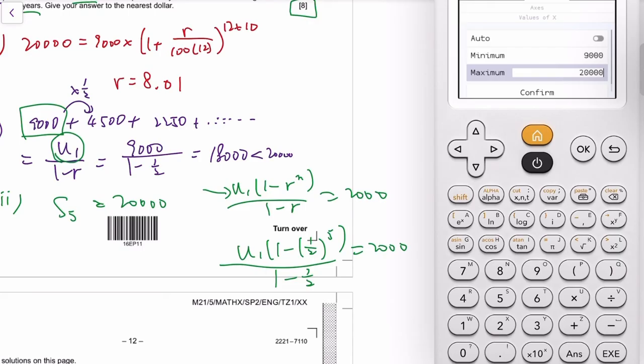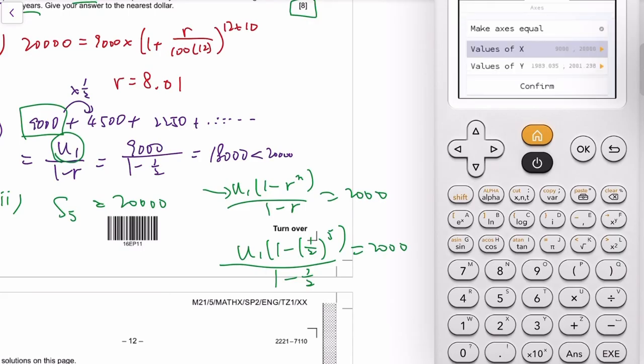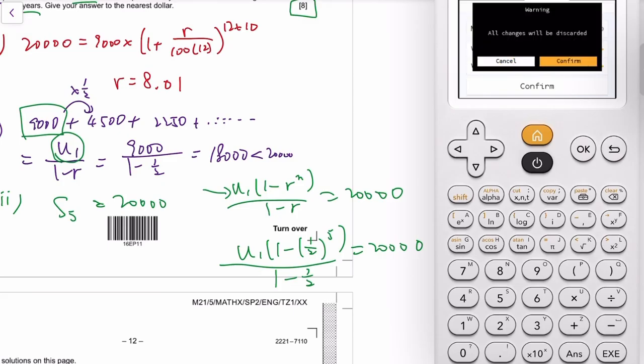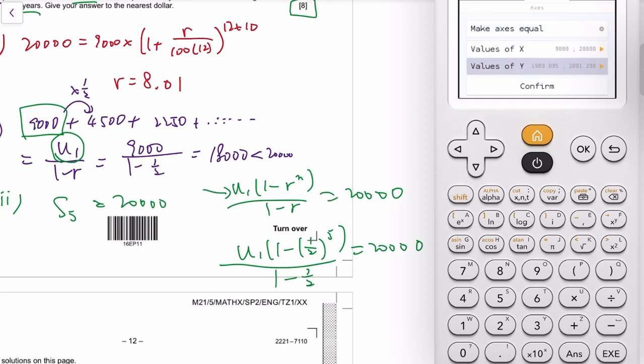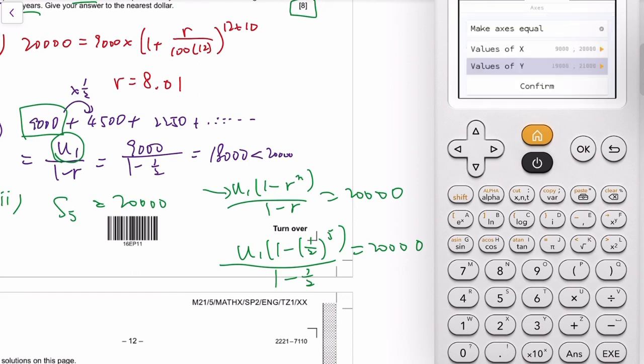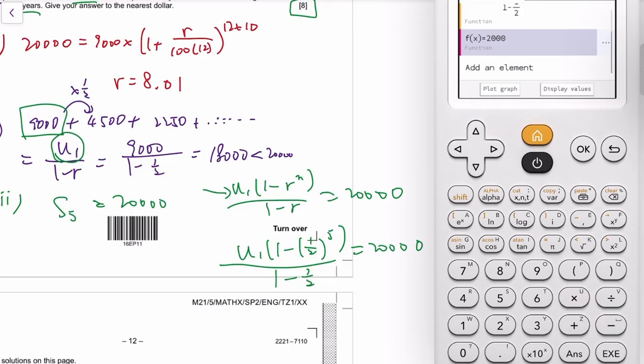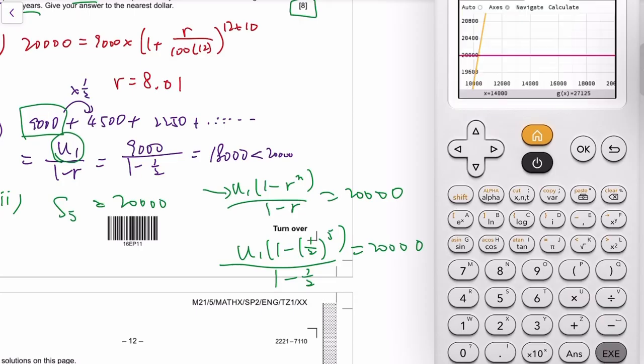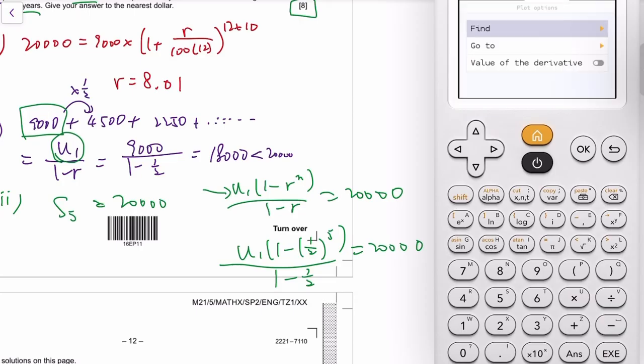Y was 20,000, so we need something around that much. Oh my god, did I put 2,000 before? Okay, let's put the correct Y first. It should be like 19,000 to 21,000. Confirm. Let's see that again. Find the intersection.